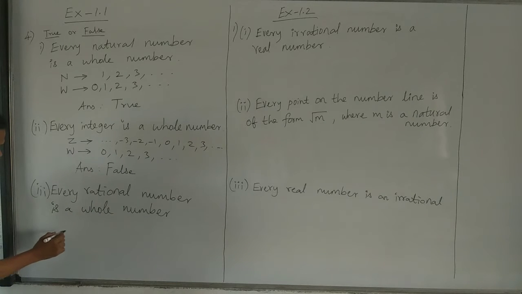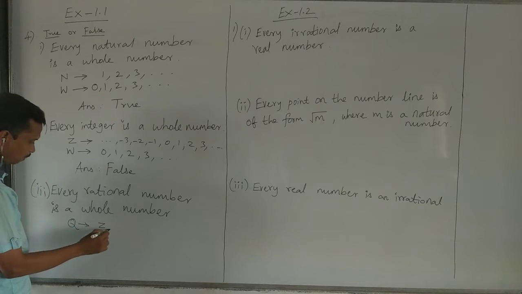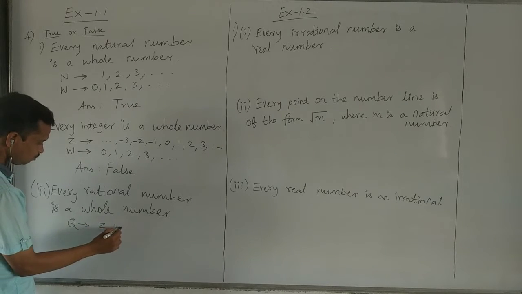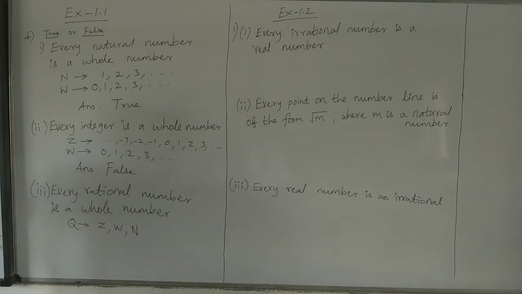And coming to the third option, every rational number is a whole number. So every rational number means what? Rational number Q. In this Q, the integer will come, all the whole numbers and natural numbers. Everything will come in this.